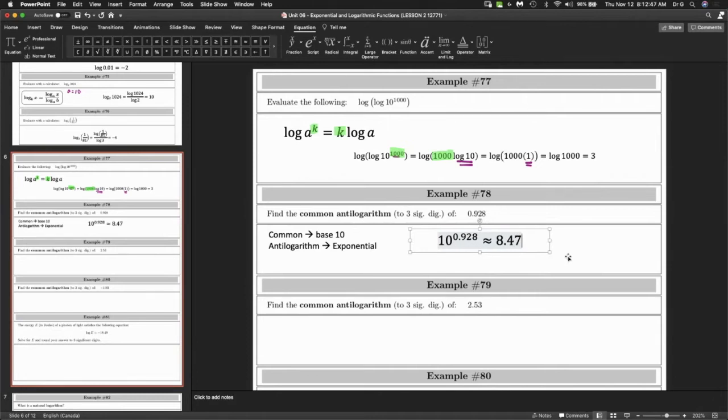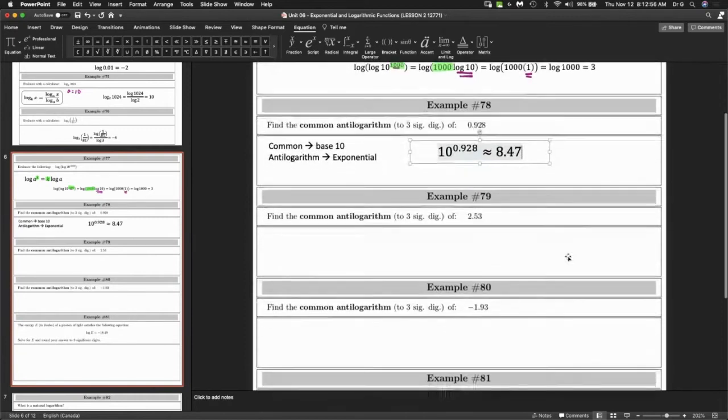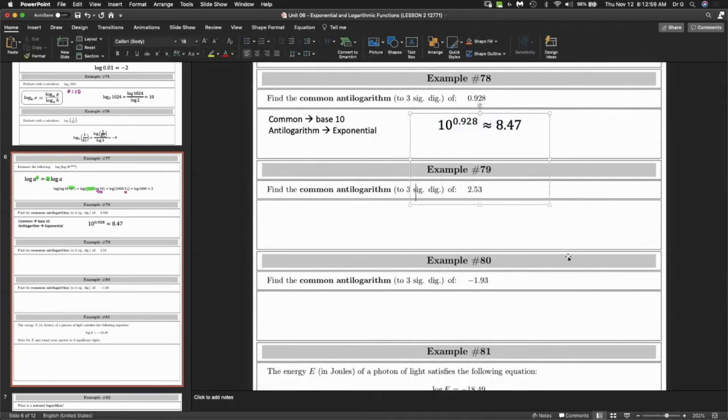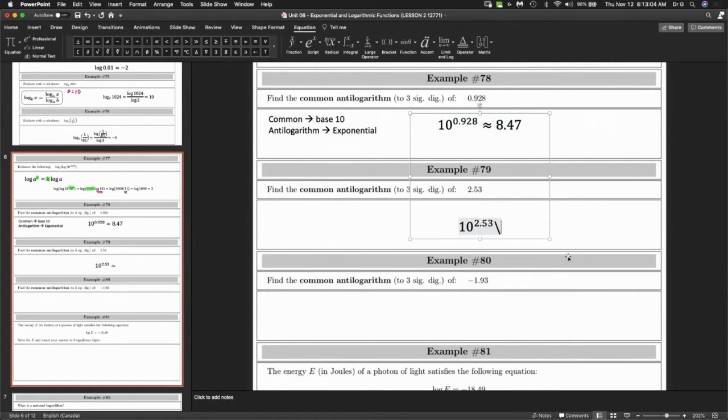So we can repeat this process again several times in finding the common anti-logarithm or the exponential for the following numbers. So let's do that here. So that would be how much? Yes, very good. I'm going to go to 3 significant digits and put 339.